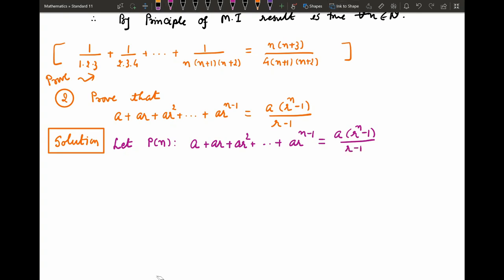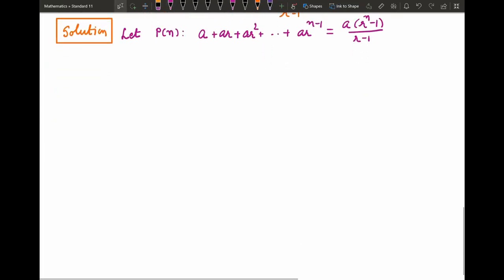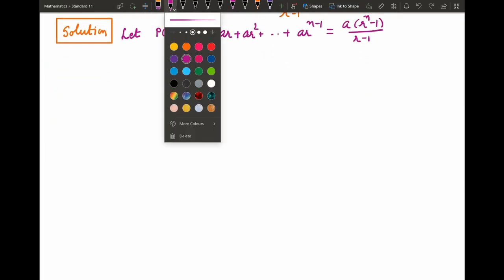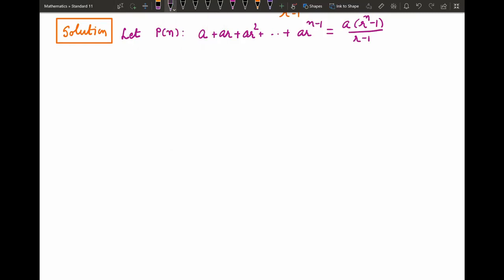Now first we prove result is true for n equal to 1. For n equal to 1, LHS left hand side first term, that is a, right hand side RHS, take n equal to 1, so a into r minus 1 upon r minus 1.